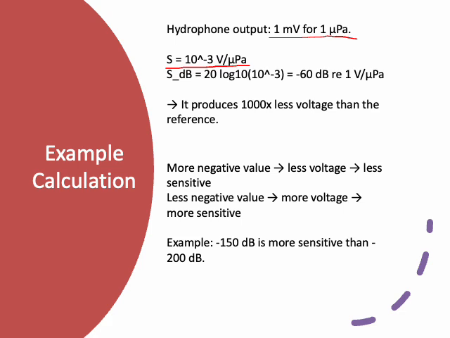Then using the formula for the decibel, we get minus 60 decibel relative to 1 volt per micropascal. In general, more negative values mean the sensor is less sensitive, while less negative values indicate higher sensitivity.